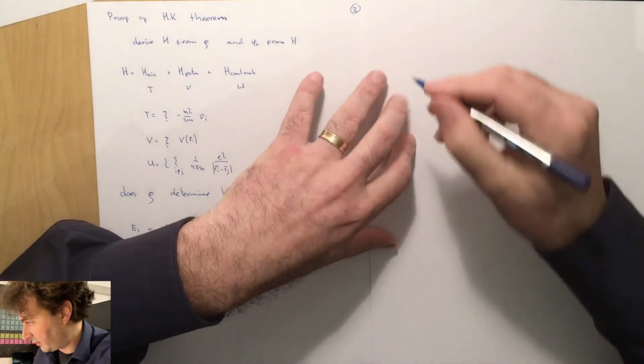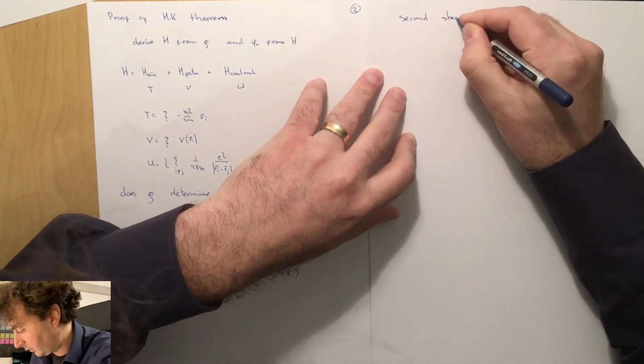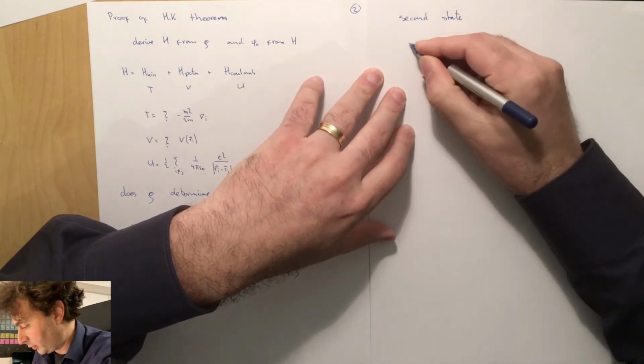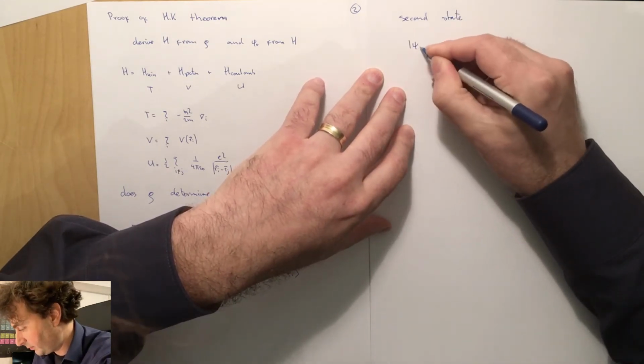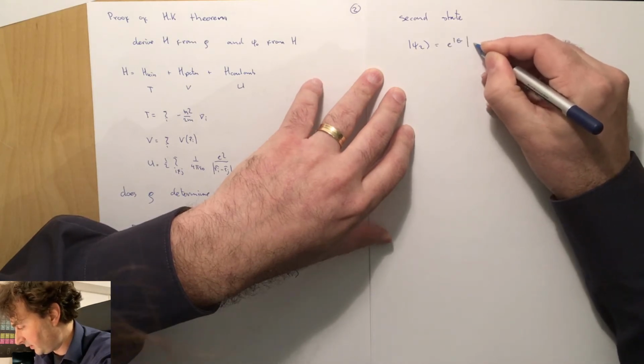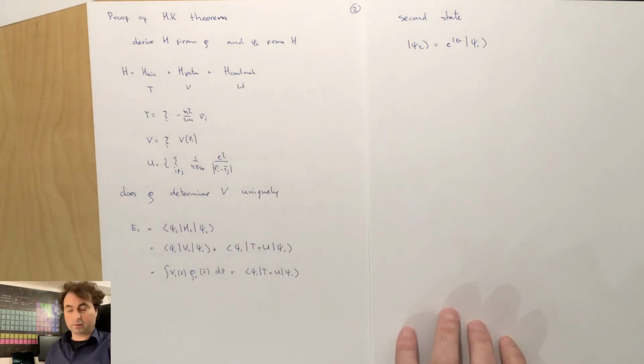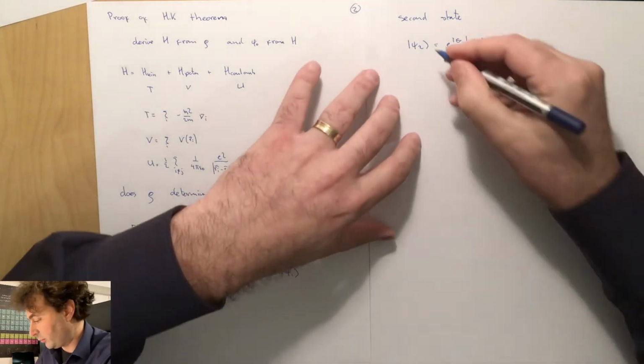Now we have a second state that I'm going to first assume to be different from our ground state. So it is not equal to a phase times the first state.